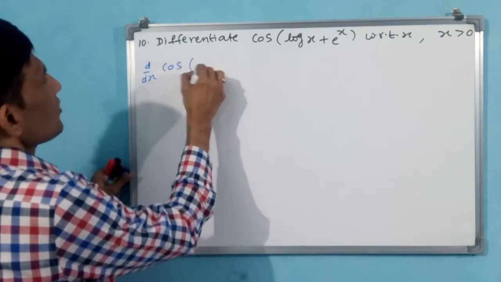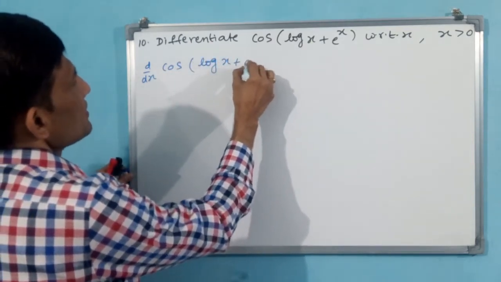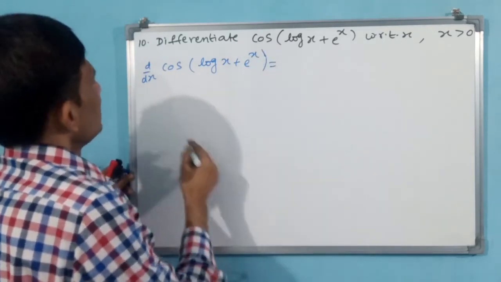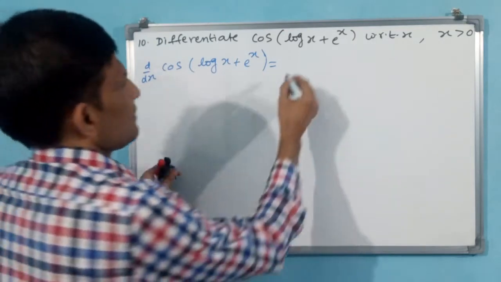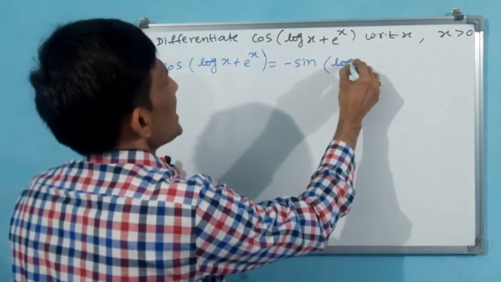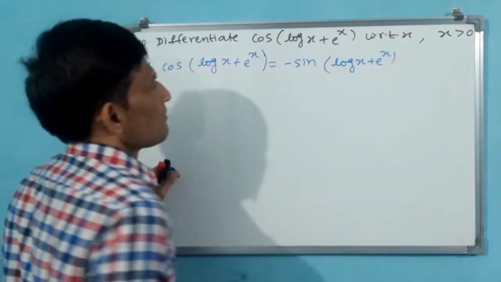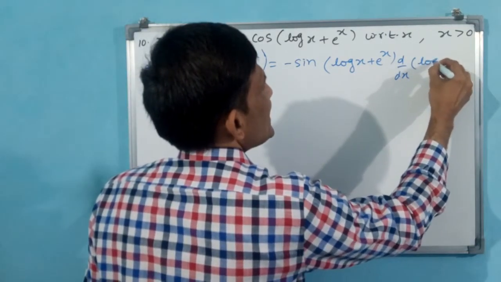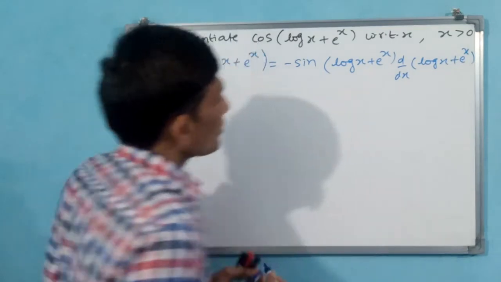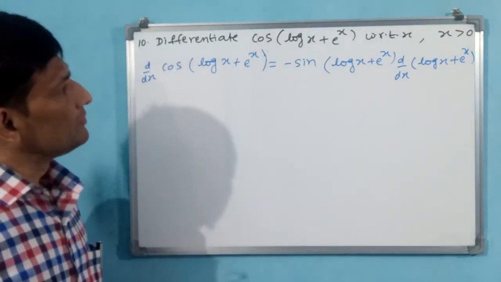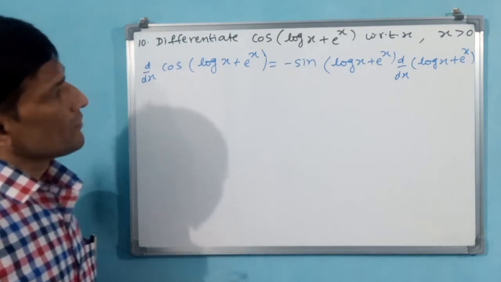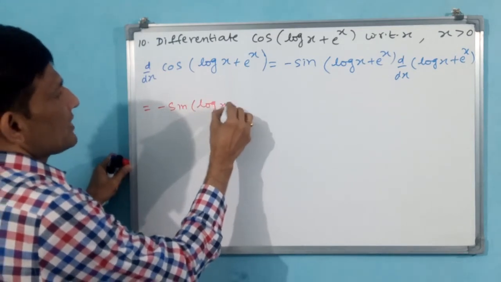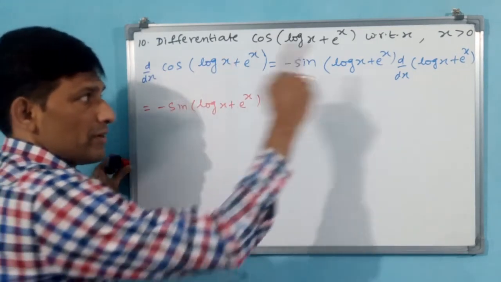d by dx of cos of (log x plus e power x) is equal to, d by dx of cos x is minus sin x, so minus sin of (log x plus e power x), again times d by dx of (log x plus e power x).